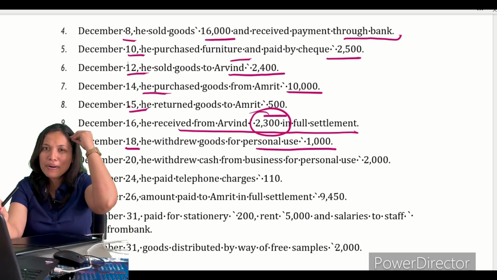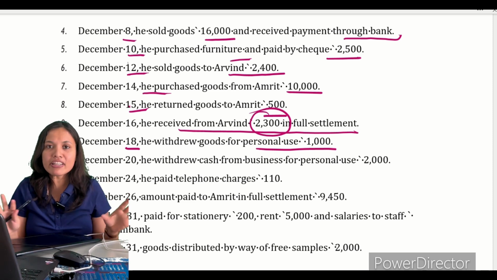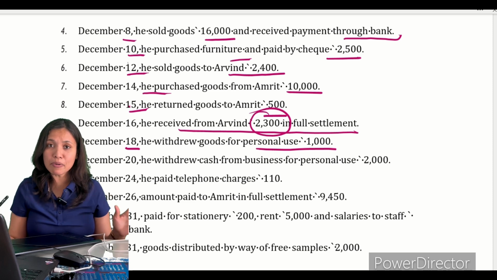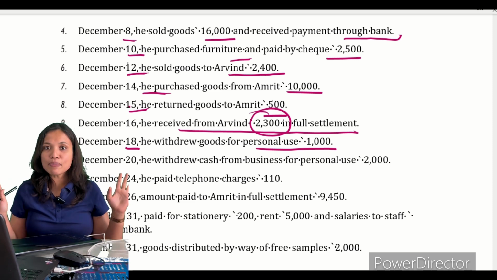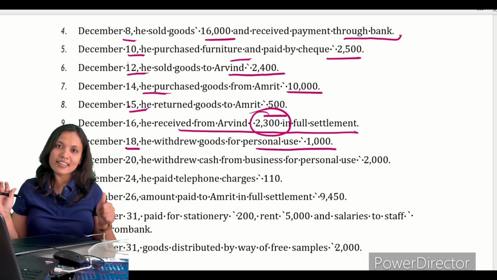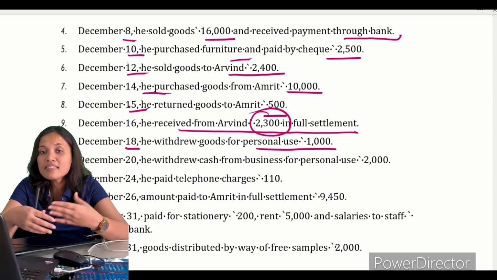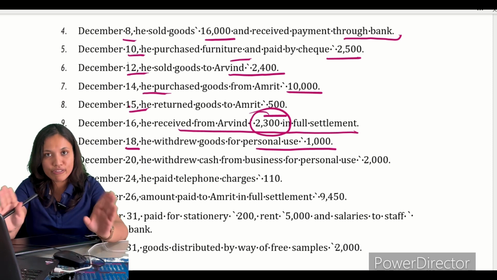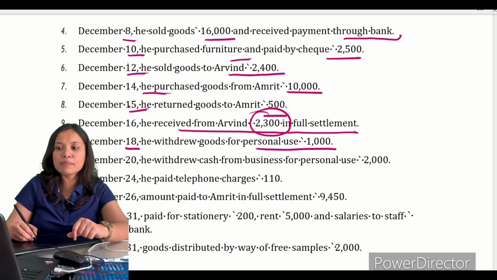It should be imprinted here that anything for personal use is drawings. Whenever it is asked to you, at any point of time, even in your sleep, if I ask, anything for personal use, which account is it? Drawings. Clear? Okay. I am revising this and telling it again and again so that you do not forget.